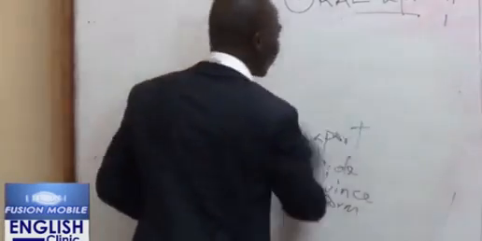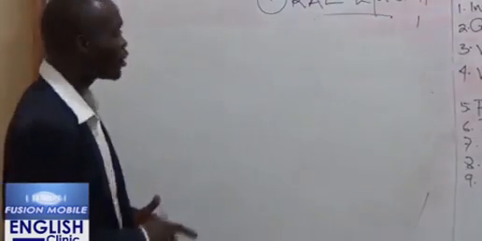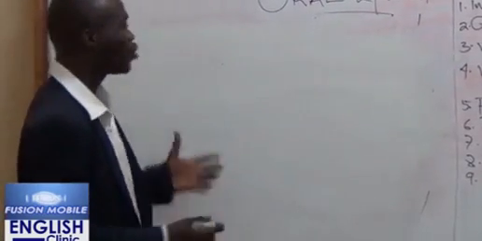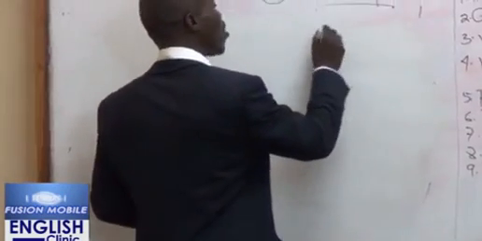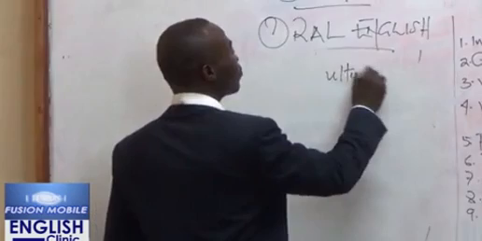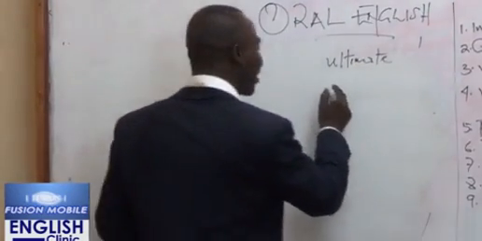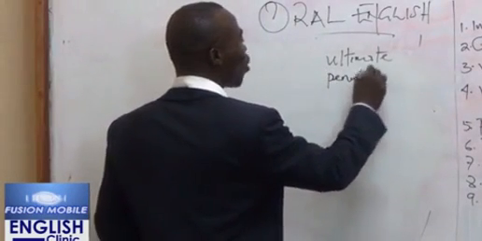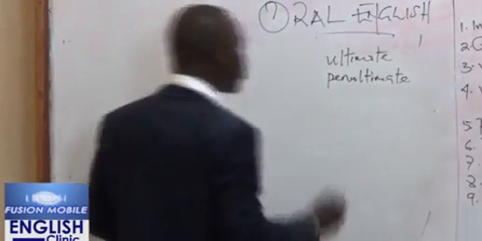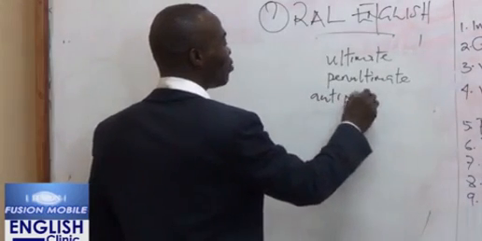Now, I am going to use certain expressions here, which I need to explain. I'm going to use words like ultimate syllable, penultimate syllable, and another word like anti-penultimate syllable.